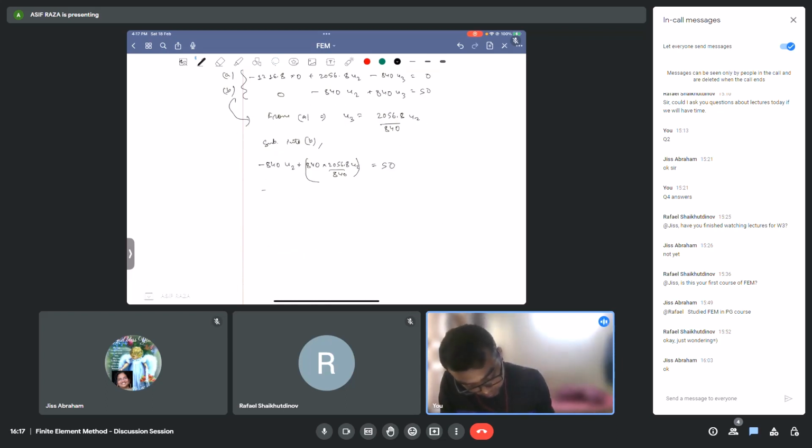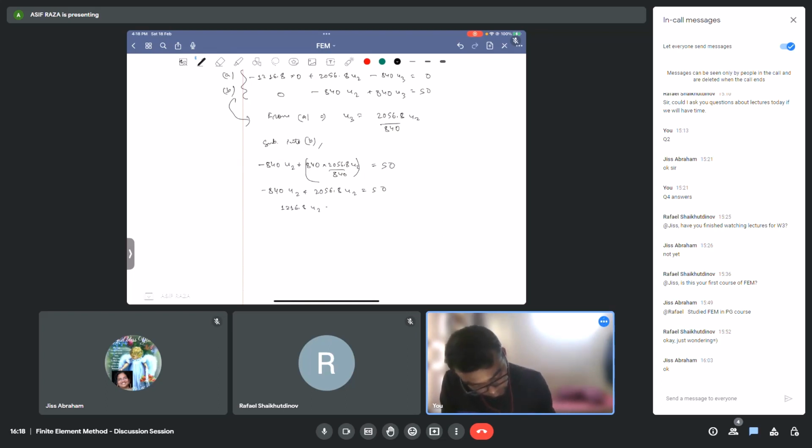So let's simplify it quickly. This will be 2056.8 u2 minus 840 u2 equal to 50.